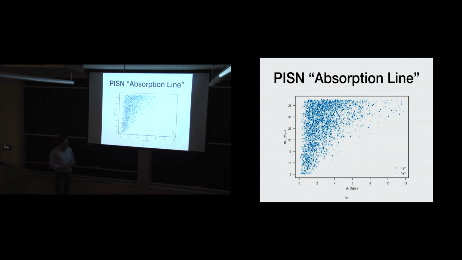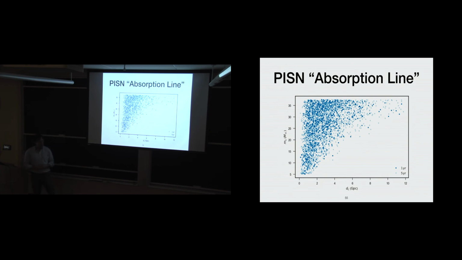The core loses pressure support, the star explodes so violently it's thought to disrupt the star. Effectively, this provides an upper limit, or may provide an upper limit on the black hole mass from stellar evolution. And that upper limit is pretty sharp. So let's assume it's perfectly sharp.